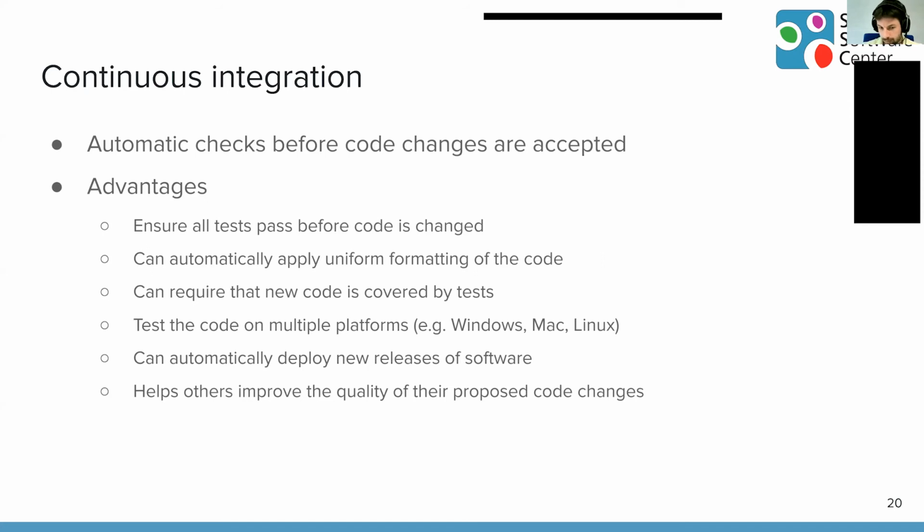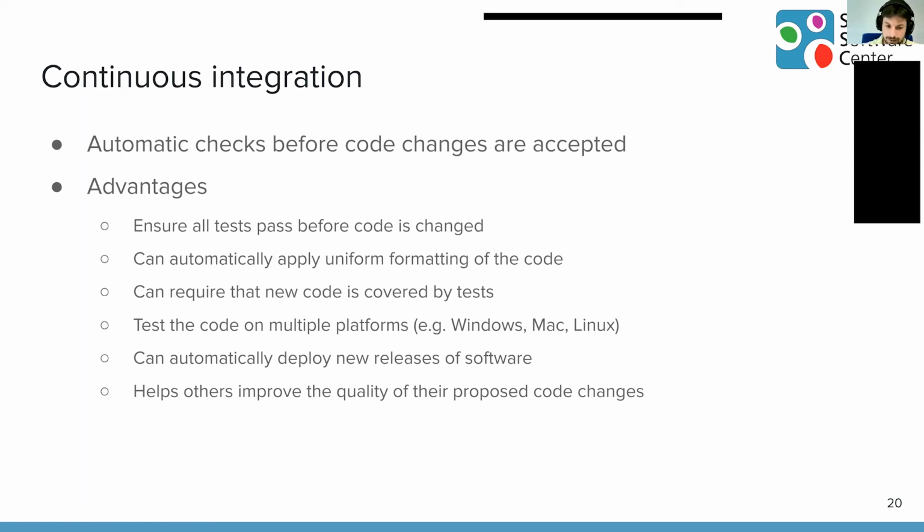If you're working with multiple people, then it can be very helpful to have formatting applied automatically to the code so that everybody's writing in the same style, which minimizes the differences between diffs of different versions. You can add requirements such as new code needs to be covered by tests, and these requirements can then be enforced by your continuous integration.